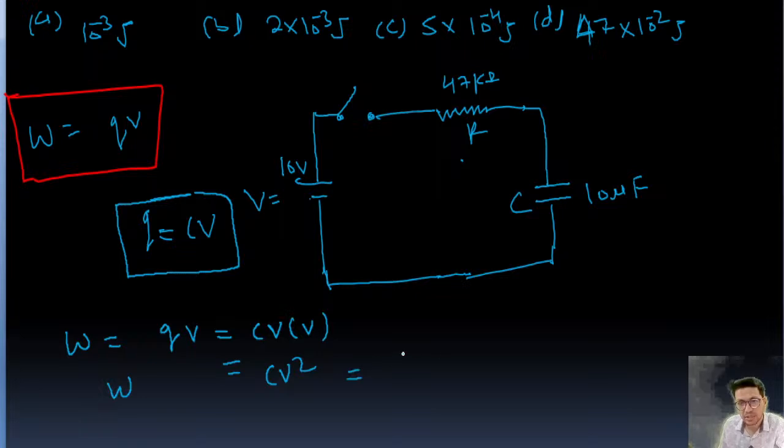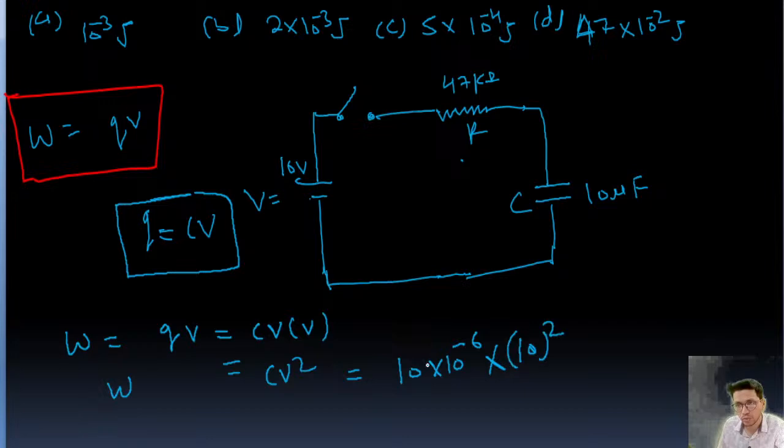CV square means capacity, full charge is 10 microfarad, that is 10 into 10 to the power minus 6 farad into V square. V square is 10 volt squared, 10 to the power 2.